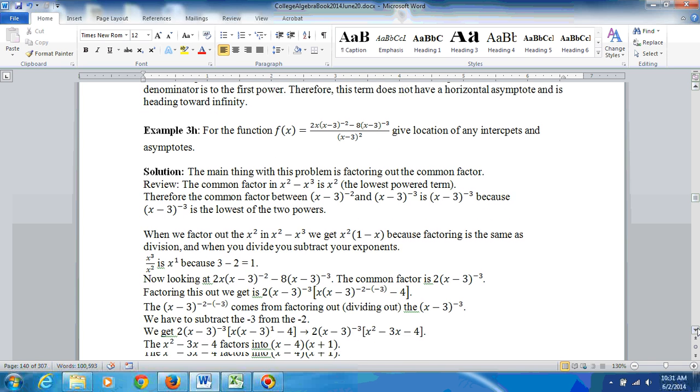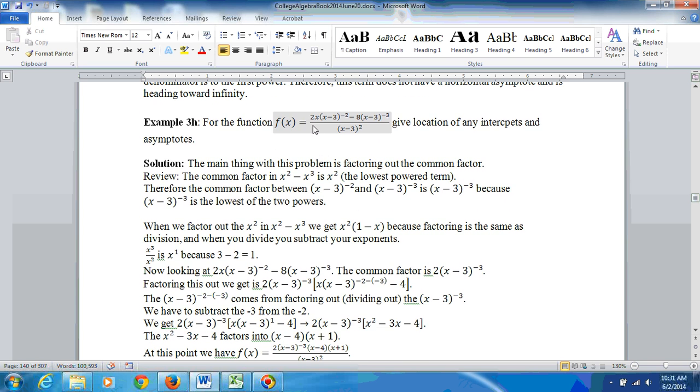So let's go ahead and do this problem. There's a common factor of 2, okay, because of the 2x and the 8, there's a common factor of 2, and also there's a common factor of x minus 3 to the negative third. So that's what we need to factor out, the 2 times x minus 3 to the negative third. When we factor that out of this part right here, we'll have a 2 and an x minus 3 to the first power.